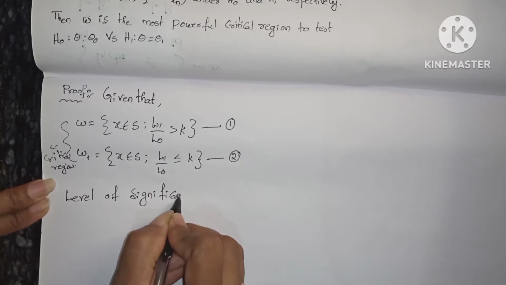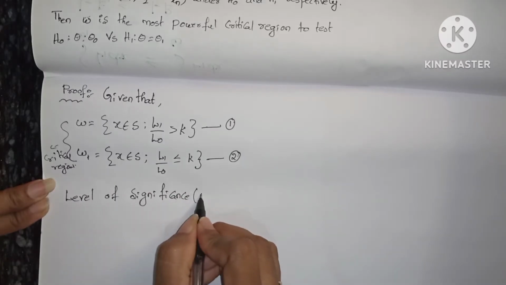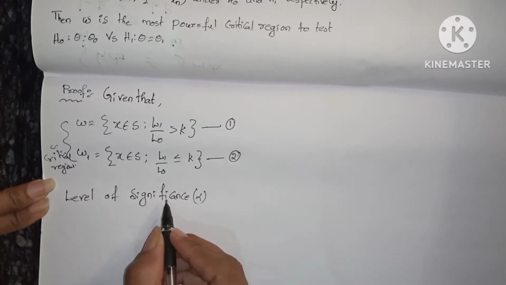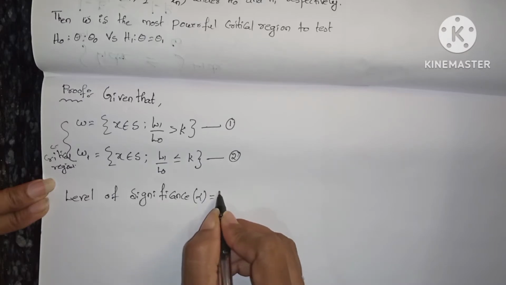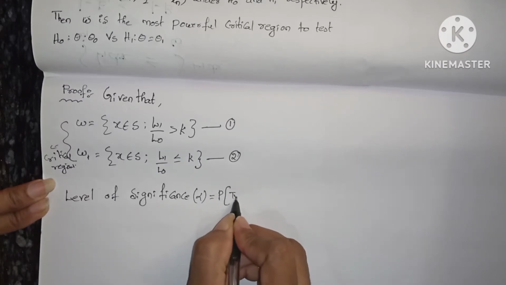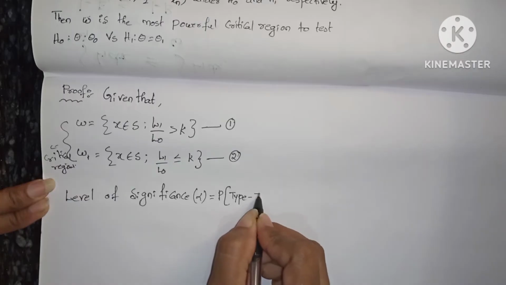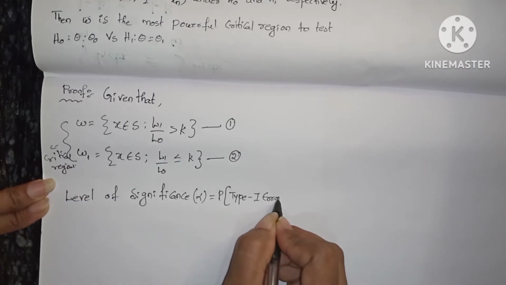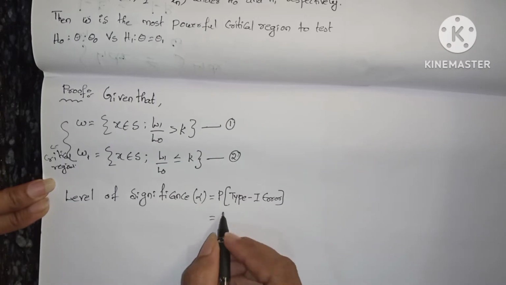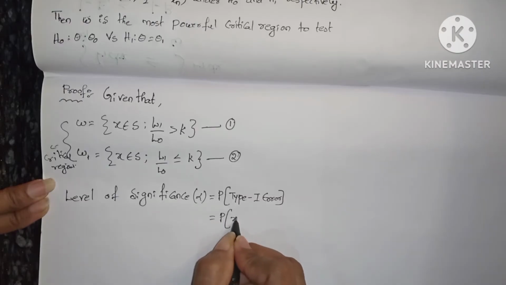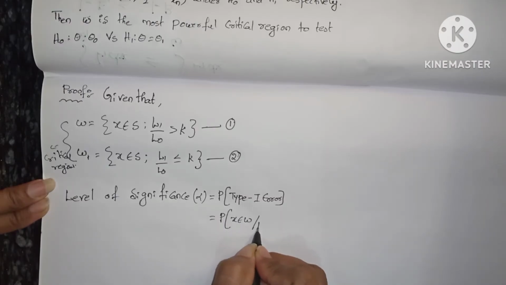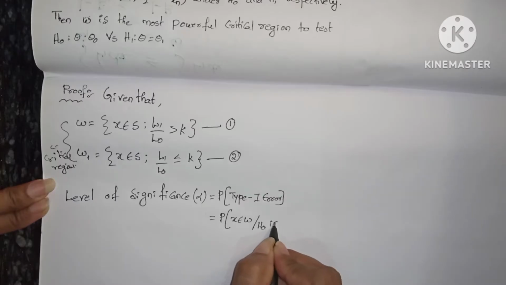First we are speaking only about omega. So the level of significance is denoted with alpha, which equals P of type 1 error. So alpha is nothing but type 1 error. What is type 1 error? It is P of x belongs to omega such that H0 is true.